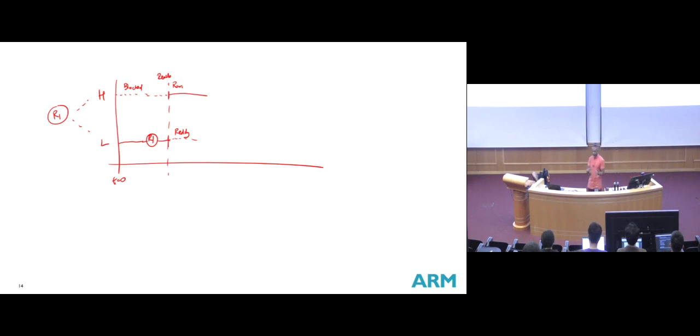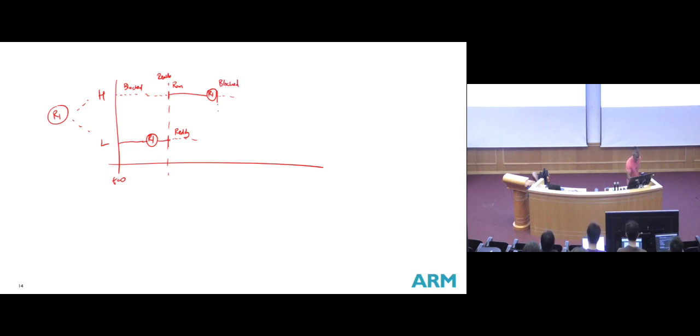While the high priority task is running, it tries to acquire resource 1. It cannot, because the low priority task already acquired it earlier, which means this task has to go to a blocked state.